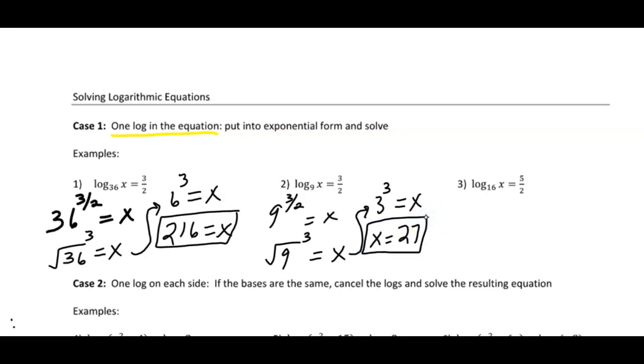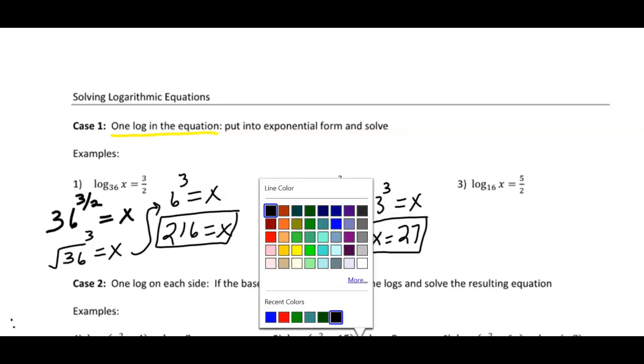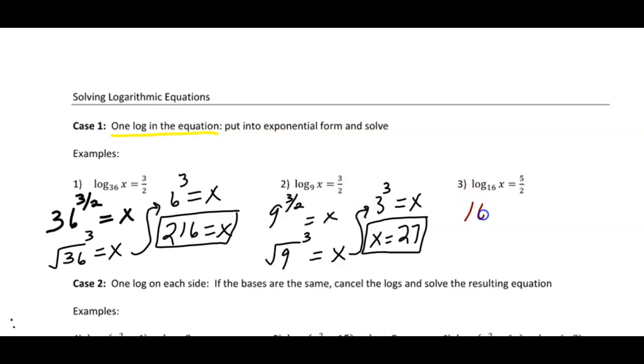Try number 3, please. Pause your video and try number 3. So for number 3, you should have gotten 16 to the 5 halves equals x. Power over the root. So it's the square root of 16 to the 5th power equals x.